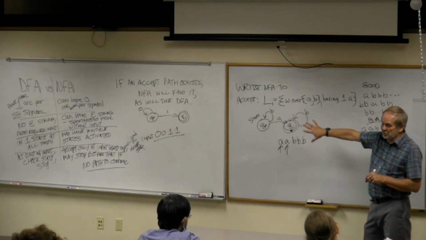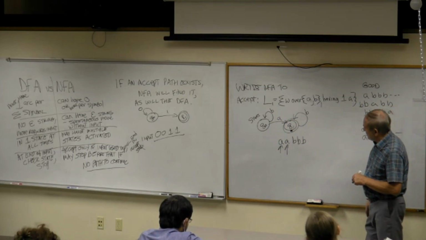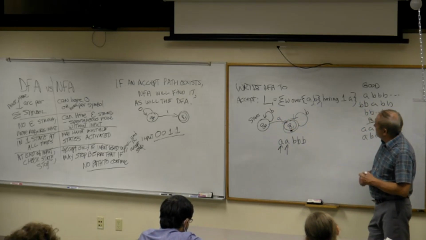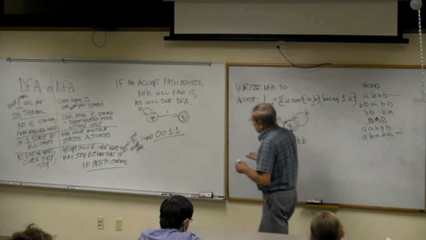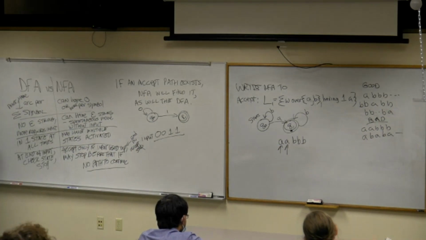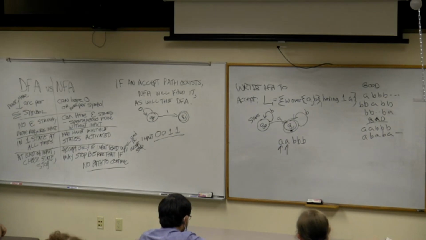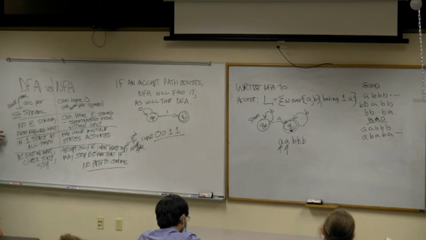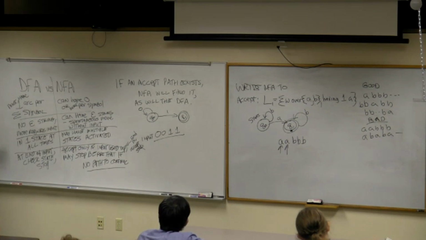So with these differences, one might reasonably suspect that NFAs are more powerful than DFAs. With DFAs, we have the equivalence with regular languages. We said every regular language has a corresponding DFA, and every DFA accepts a regular language. When we say regular language, we mean a language that can be accepted by a DFA.